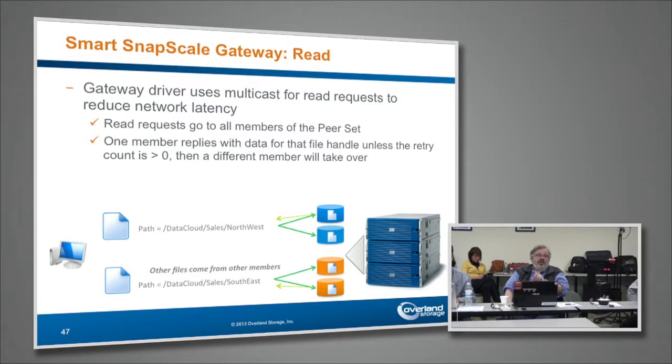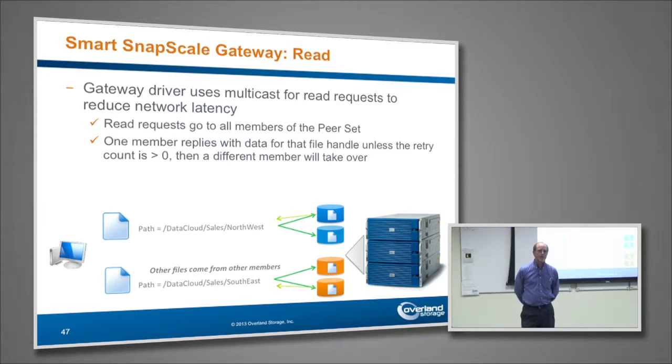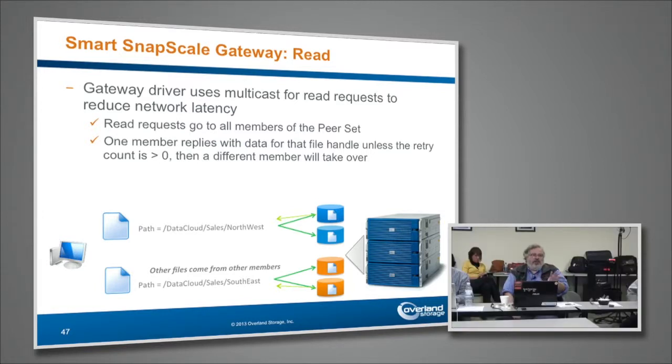The members, based on some hash of the request, details unimportant, A, B, and C all got the request, and they all calculate the hash, and A goes, oh, that means it's my turn to respond, and he responds. And then if it times out, the gateway sends the same multicast again, going, but this is a retry. Retry count has been bumped. And then B and C go, oh, it's a retry, let's not wait for A, and they reply.